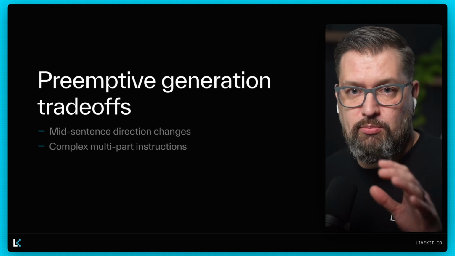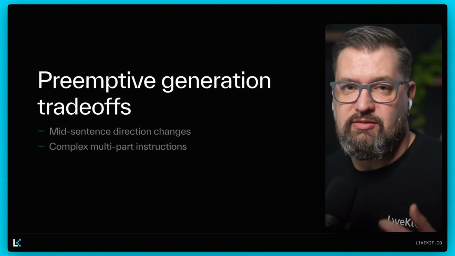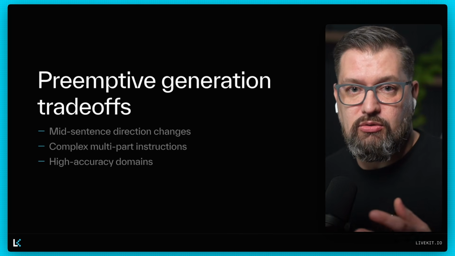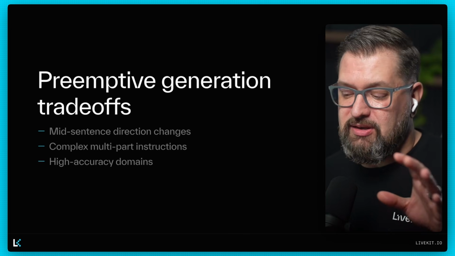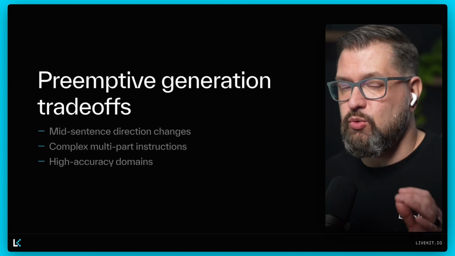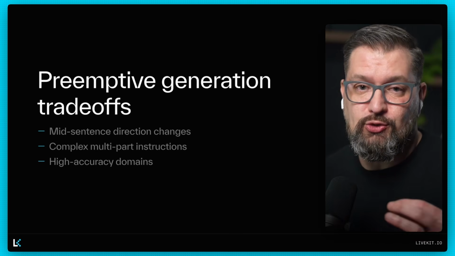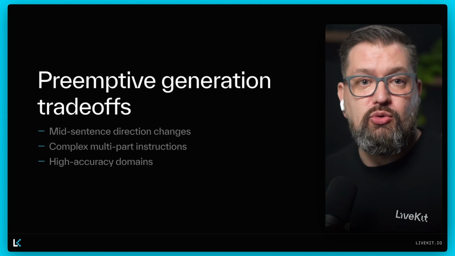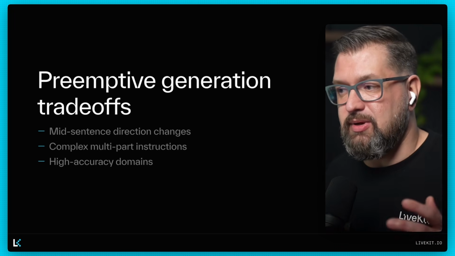Long requests with multiple steps can get partially answered before the full context is available. Third, high accuracy domains, medical, legal, or financial applications where getting it right matters more than getting it fast. But for many conversational use cases, preemptive generation works well. But if you notice that the agent is jumping to conclusions or misinterpreting intent, consider disabling it or tuning your turn detection thresholds. So let's test out these metrics and see them in action.